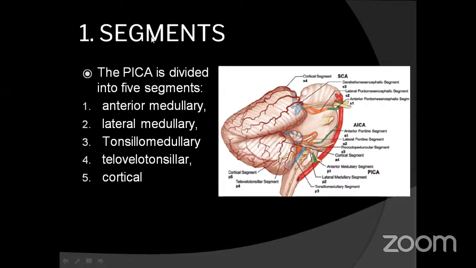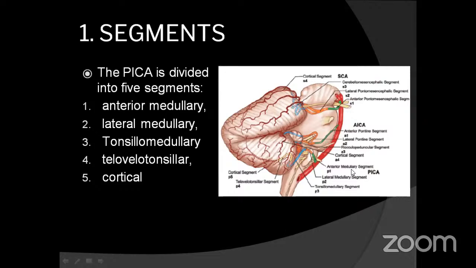So as you can see the pattern: the last branches of all the SCA, AICA, and PICA are cortical. And the first 2 are usually anterior and lateral. So they were anterior pontine and anterior lateral pontine in AICA. They were kind of like anterior pontomesencephalic and lateral pontomesencephalic in SCA.